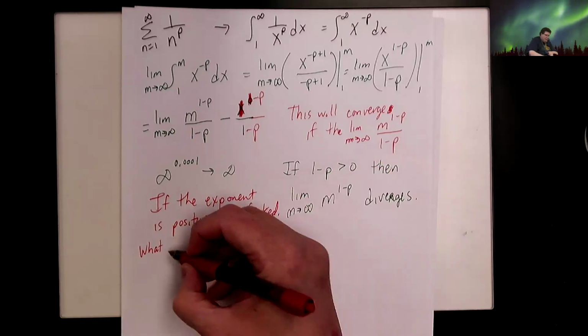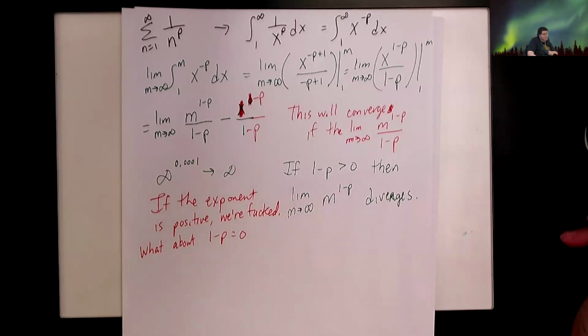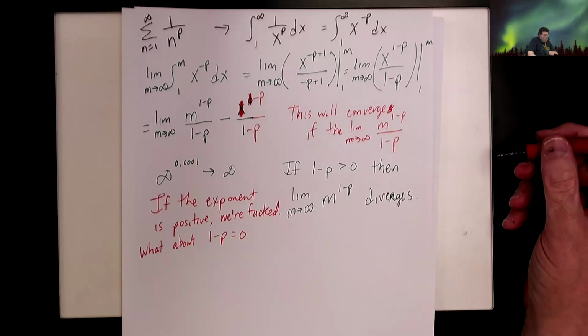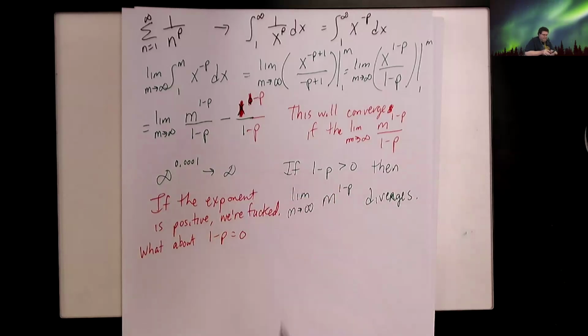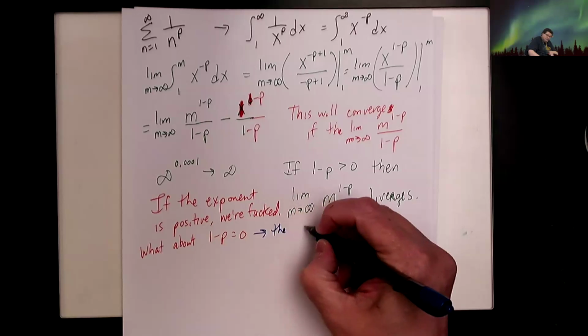What about 1 minus p equals 0? We're still out of luck, but because of the denominator.